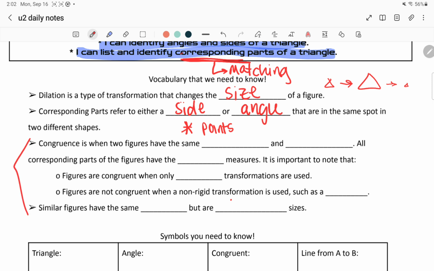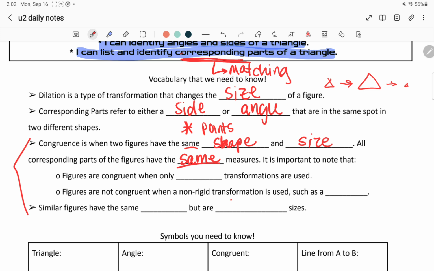Corresponding parts can show up in two different ways: congruent and similar. Congruence is when everything is the same shape and same size. When they're congruent, everything has to be the same. So that's same measures.